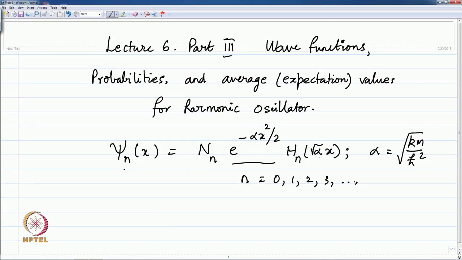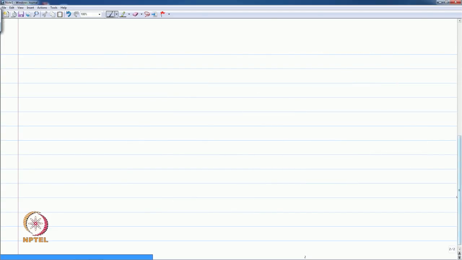Now, if you go back and look at these formulae, what you have here are the Hermite polynomials. You might recall that the Hermite polynomial for the first quantum number, H 0 of root alpha x, is actually 1. It is independent of the displacement.